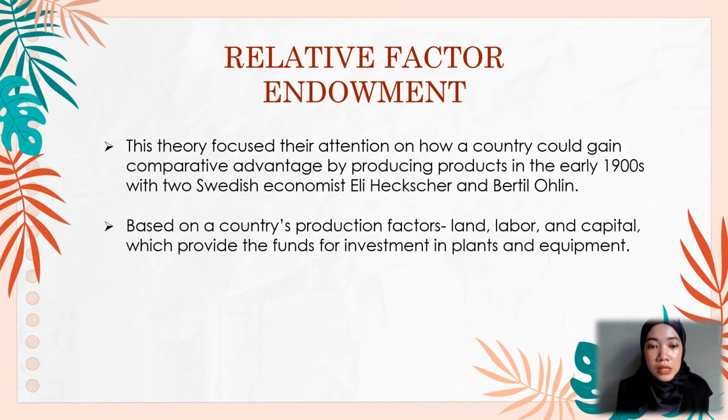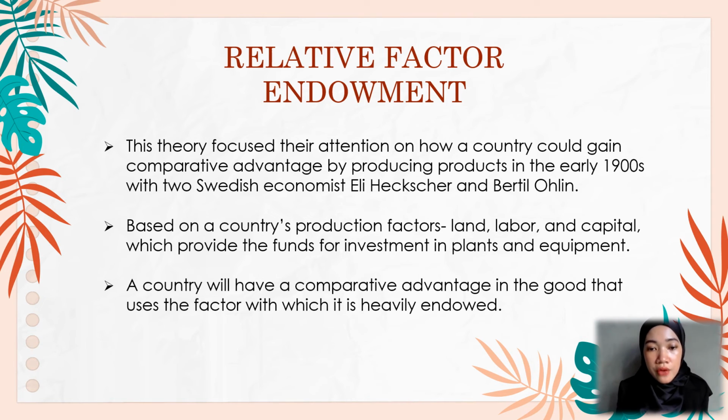Second, it is based on a country's production factors: land, labor, and capital, which provide the funds for investment in plants and equipment. And lastly, a country will have a comparative advantage in the good that uses the factor which is heavily endowed. Alright, that's all about relative factor endowment.